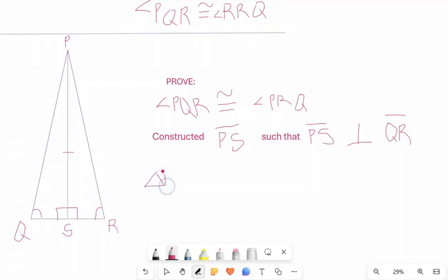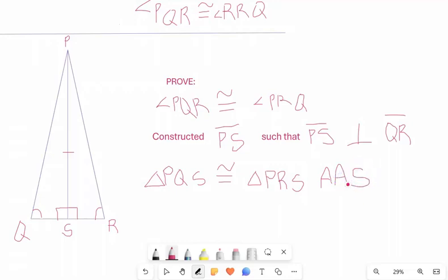Triangle PQS is congruent to triangle PRS by AAS.